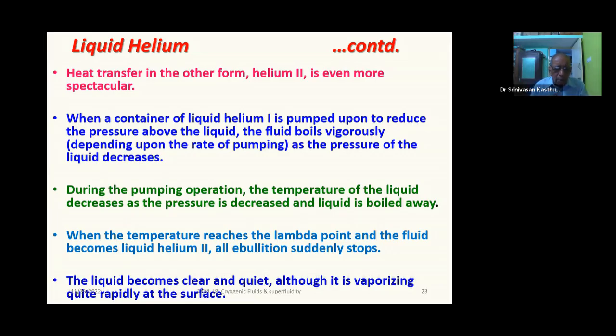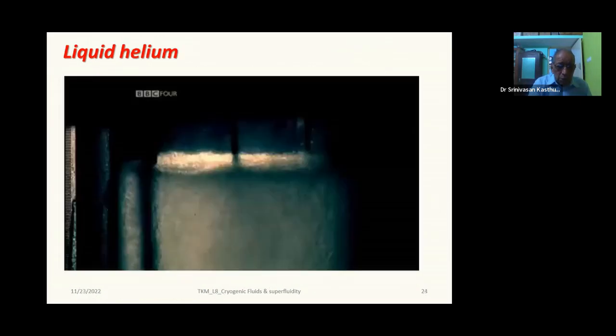When it reaches the lambda point, it is absolutely quiet. Okay, the liquid is very clear and there are no bubbles at the surface. It is an extremely quiet condition, and the temperature is totally uniform throughout the liquid. Okay, it has extremely high thermal conductivity and zero viscosity.